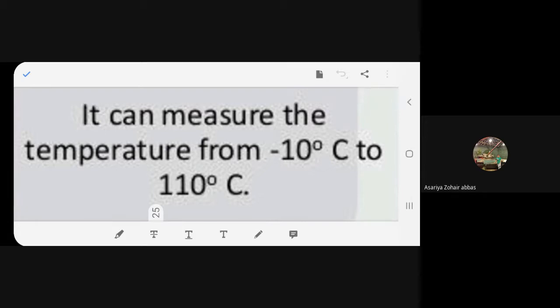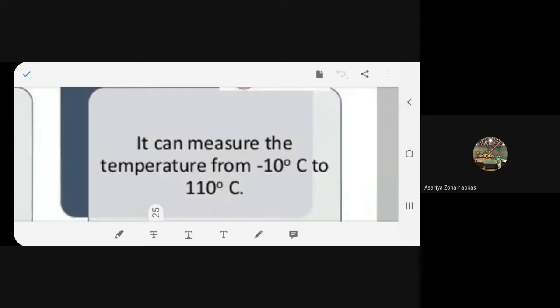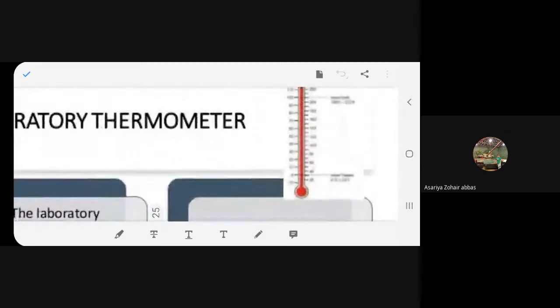What is the range of this thermometer? It is from minus 10 degrees Celsius to 110 degrees Celsius. This is the range of the laboratory thermometer. Is it clear? This is what you have to learn, okay? And this is how it looks. Can you see this?